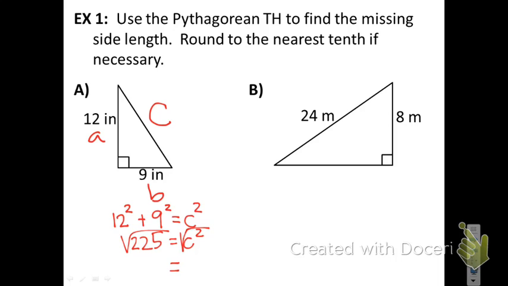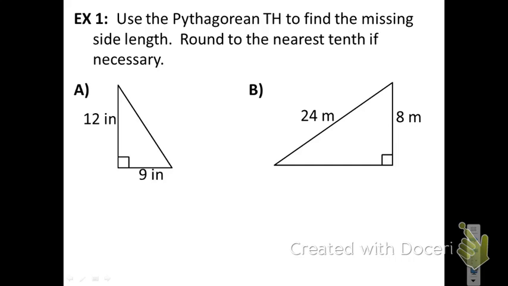It becomes C. Okay, what's the square root of 225? 15. Yeah. And you're done.